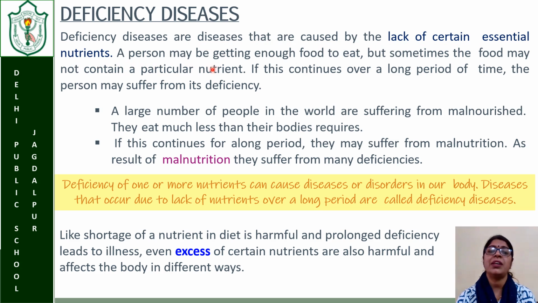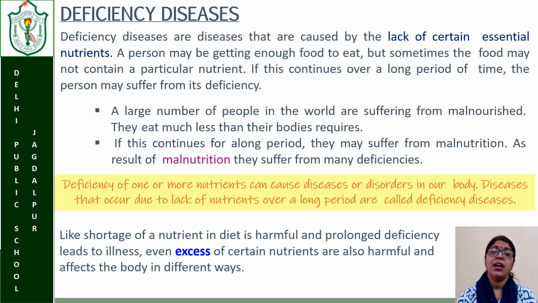A person may be getting enough food to eat, but sometimes the food may not contain a particular nutrient. If this continues over a long period of time, the person may suffer from its deficiency. We have discussed a number of deficiency diseases, but right now we will do it in detail.